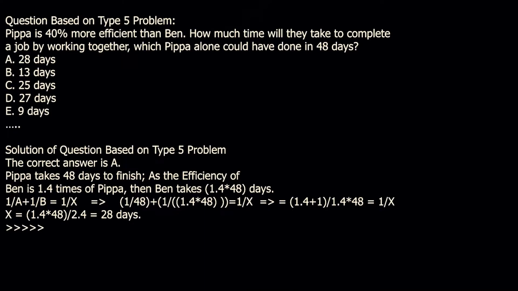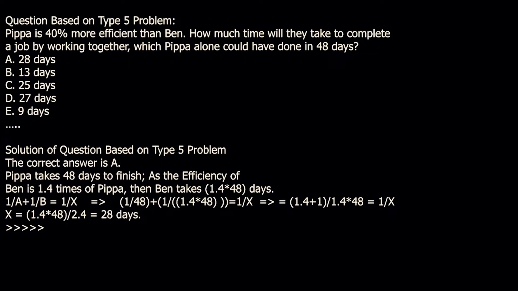This is the way we arrange the equations. We know that Pipa can finish the work in 48 days and Ben can finish it in 1.4 into 48 days. So how many days will they take together to finish the work? We apply the simple basic type A problem, where 1 upon A plus 1 upon B is equal to 1 upon X. We plug in the values we derived: 1 upon 48 plus 1 upon 1.4 into 48 is equal to 1 upon X. Solving this, we finally get X equals 28.